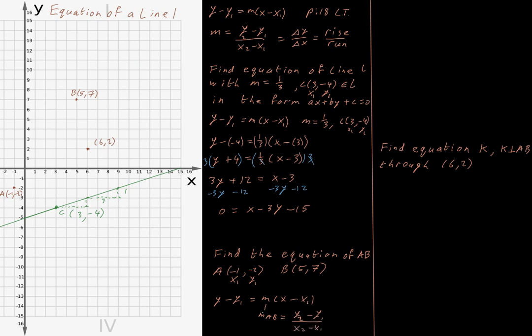So I can tell myself the story of what I know. I am asked for the equation of AB. I know that's a line, so I write down the equation of a line formula from my formula tables. And I say, well, I have 2 points. That means I have the point I need, and I can use the slope formula to get the other piece of information, the slope that I need.